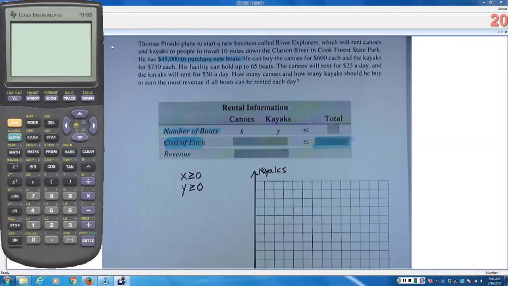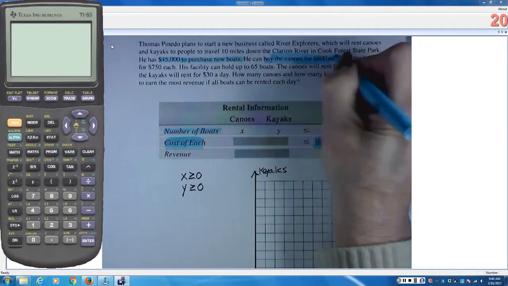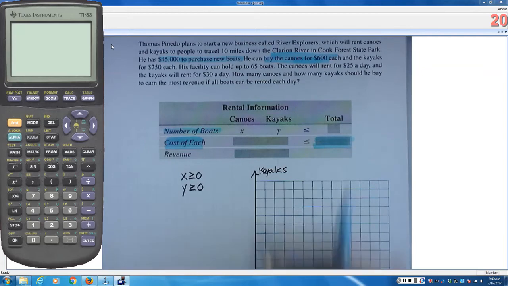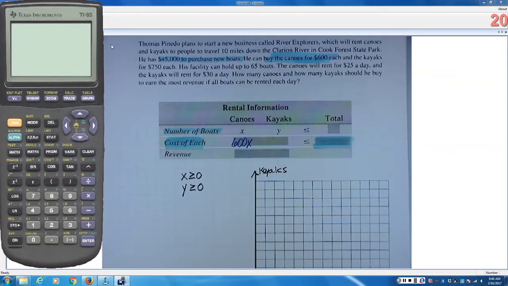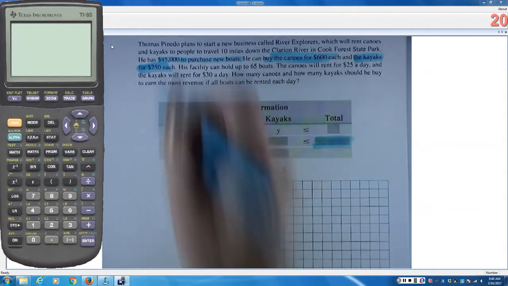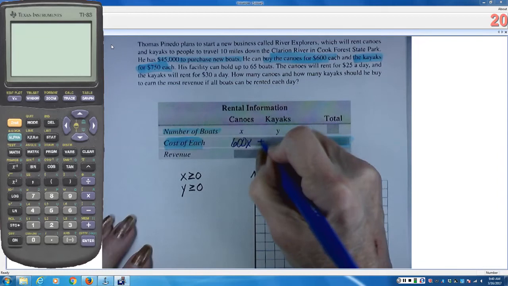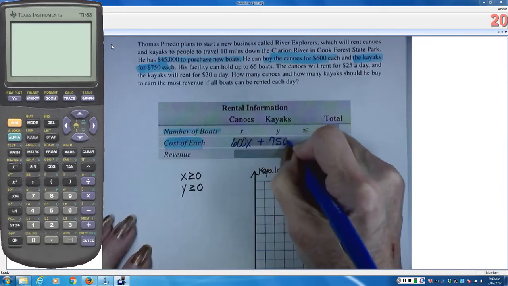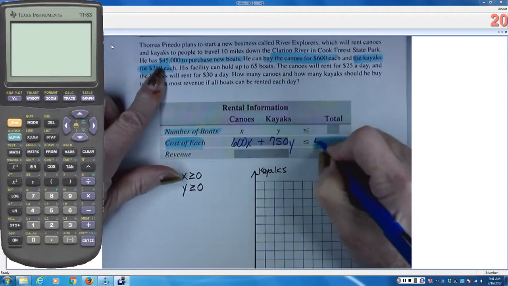We look again, and it says he can buy canoes for $600 each. That means that's going to be 600x. The kayaks are $750 each, so they're more expensive. And the most money he has to spend is $45,000.